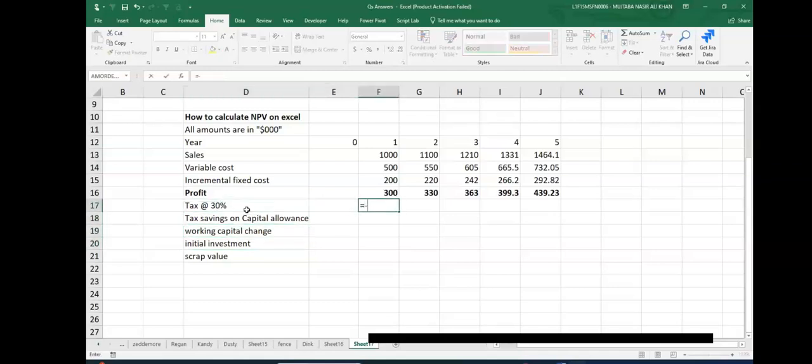So let's assume tax is 30%. Tax saving on capital allowance, let's assume it is 200 every year.